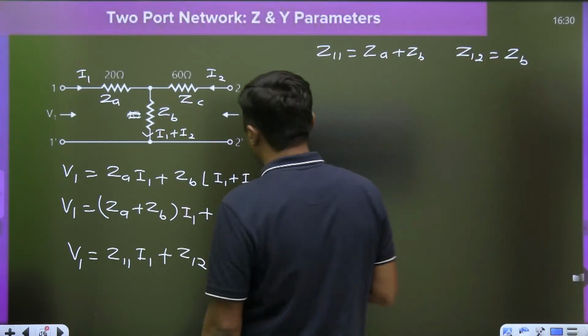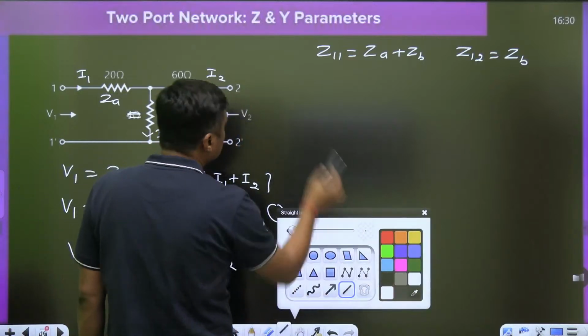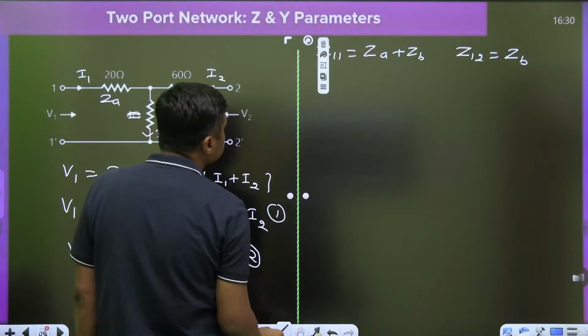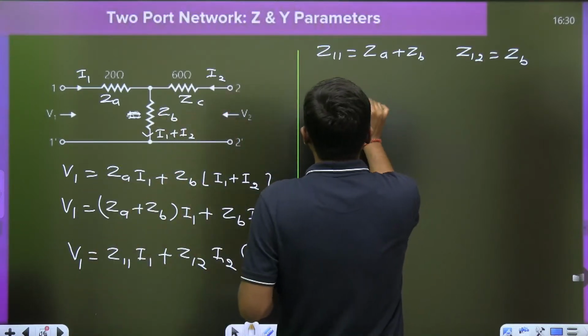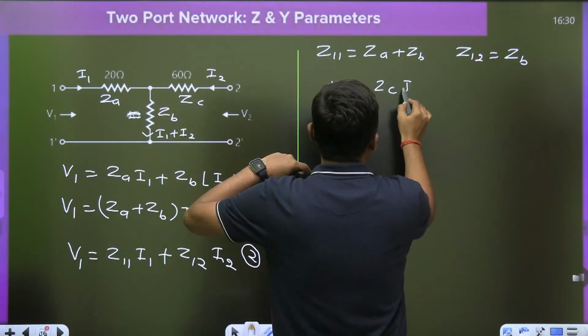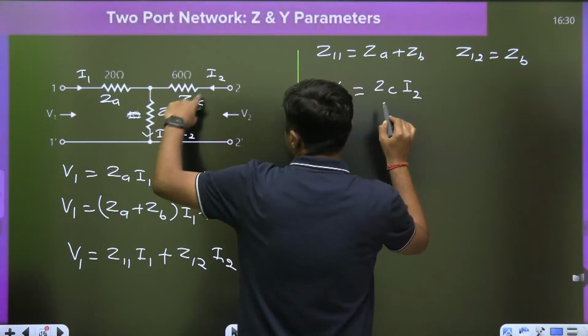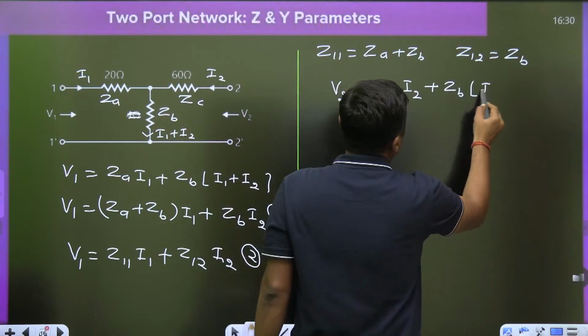Similarly, you can write the KVL at the output. V2 is equal to, just to generalize it, ZC times I2 plus ZB times I1 plus I2.